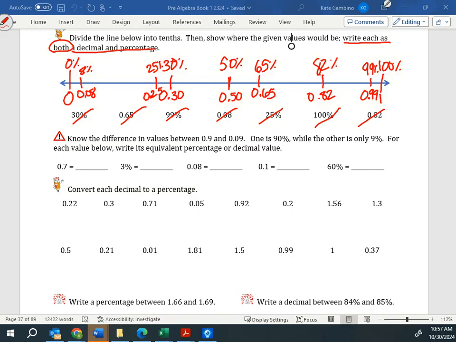Now, you need to know the difference in values between 0.9 and 0.09. 0.9 only goes to that 10th place. When we are working with percentages, we have to remember to go out to the 100th place. That is not 9%.